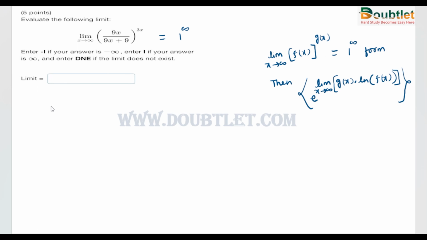So we will write e to the power limit x extending to infinite, 3x will come outside and it will become ln of 9x divided by 9x plus 9.